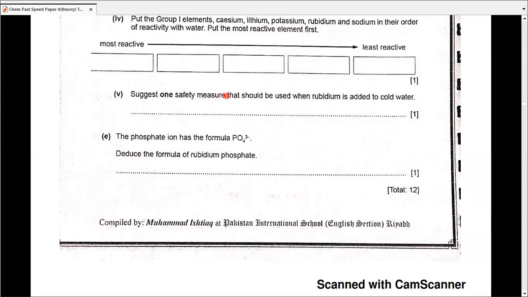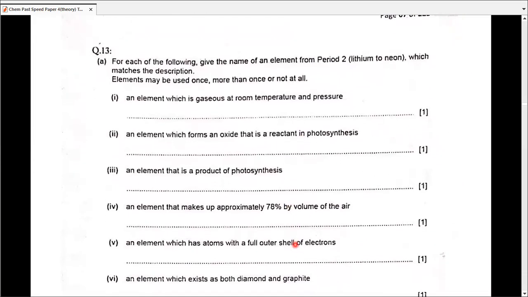For rubidium, it is Rb, which is +1, and PO4, which is -3, so you may write it as Rb3PO4. Good. That's great. And it also finishes question number 12.